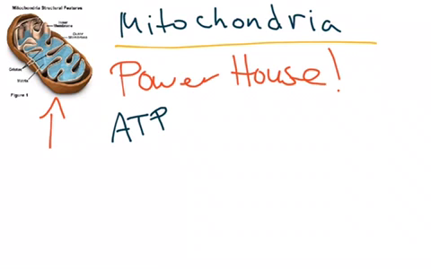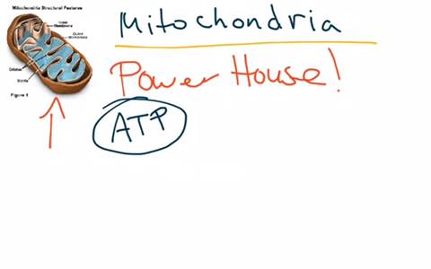Okay? So the mitochondria's function, the purpose, is to take food that you eat after it's broken down into glucose, and convert that glucose into ATP. And that's why it is called the powerhouse, because all of your cellular functions run off ATP.